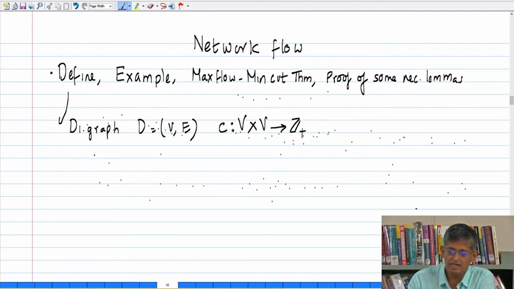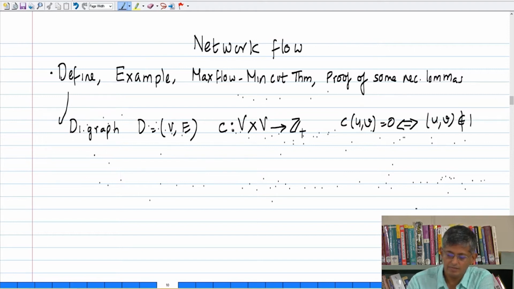And if C(u, v) takes a value 0, it implies that the edge uv is not in the graph. So that's a convention that you can keep in mind.